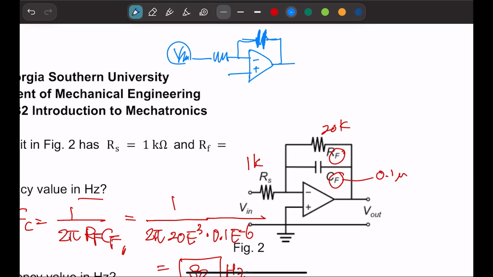And if I go back, if I keep it as a resistor but replace this guy with a capacitor, it becomes a differentiator. And if I add another resistor here, yes, it becomes a practical differentiator. Okay? All right, very good question.